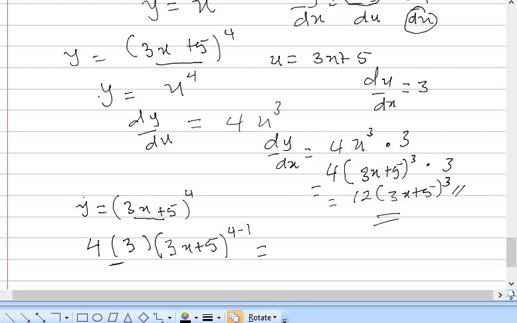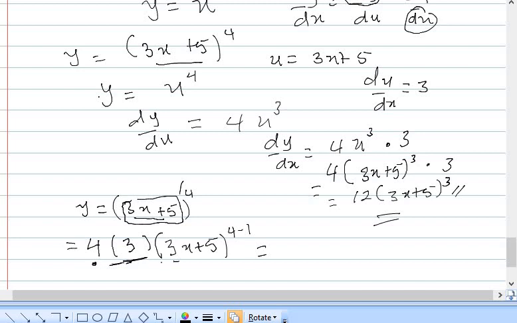So all you need is to take the differential of the parentheses, which is just 3, multiply by the power 4, keep the whole expression, and subtract 1 from the power. So that's how it is.